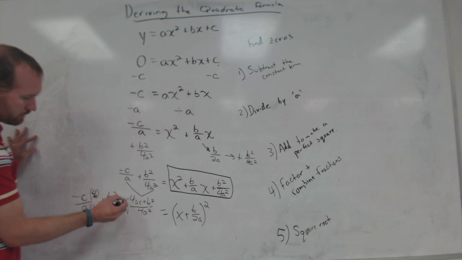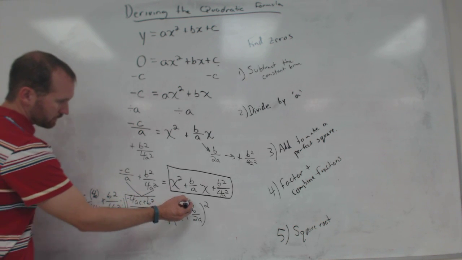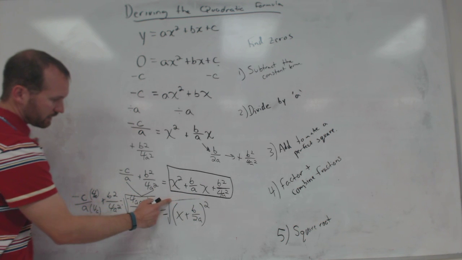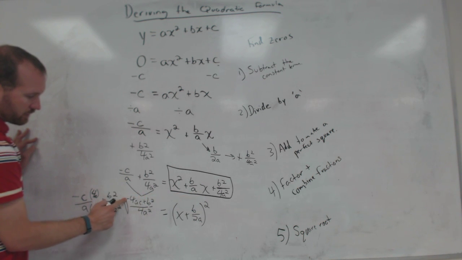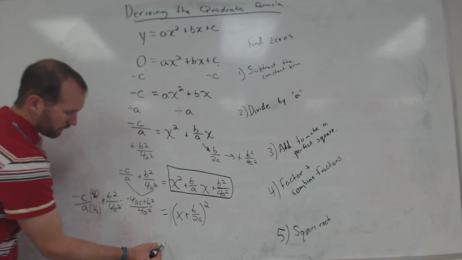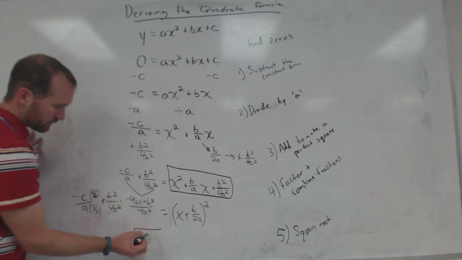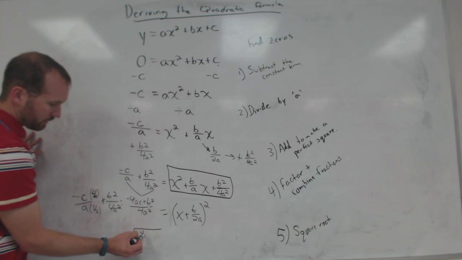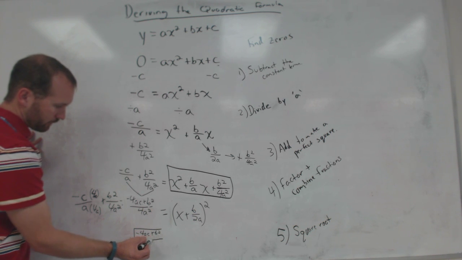The square root of this. And the square root of this. Okay, I'm going to erase that though because, again, I'm trying to kind of preserve each step. So this goes to the square root of negative 4ac plus b squared over 4a squared.